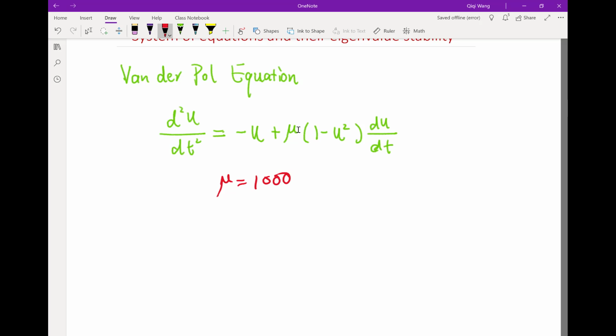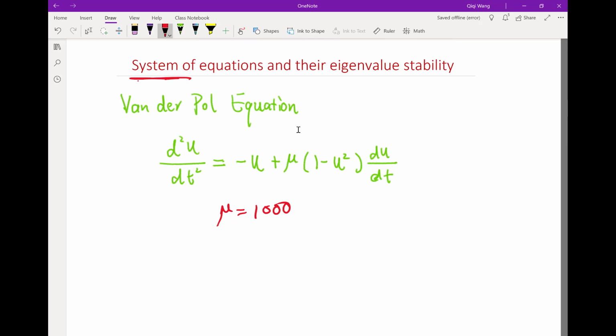Yes, the first step is to convert this second order differential equation into a set of first order equations. This looks like a single equation, but when you want to solve it numerically, it is actually equivalent to a system of first order equations. And then we can start solving it.